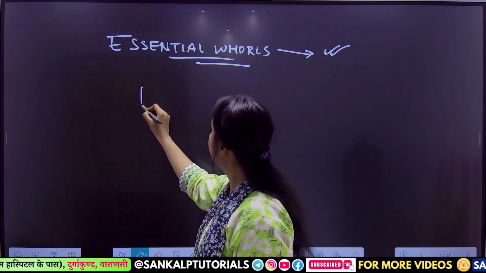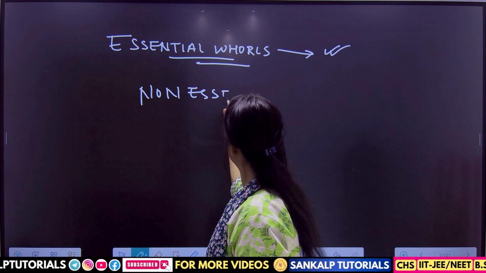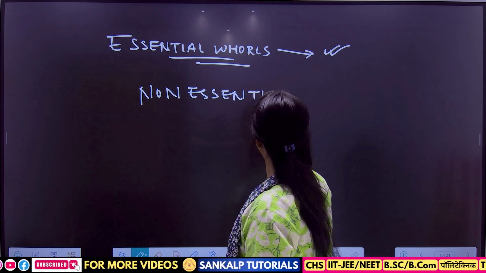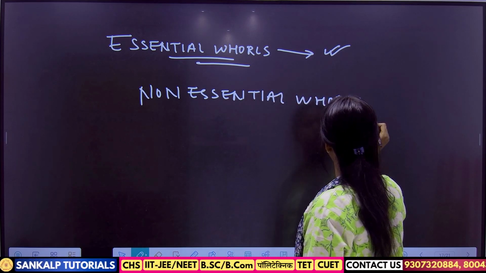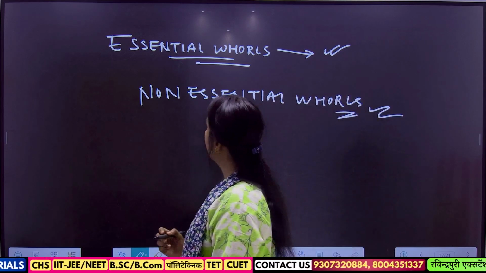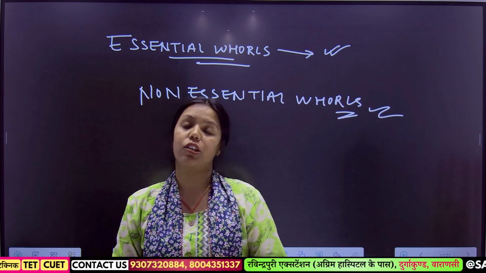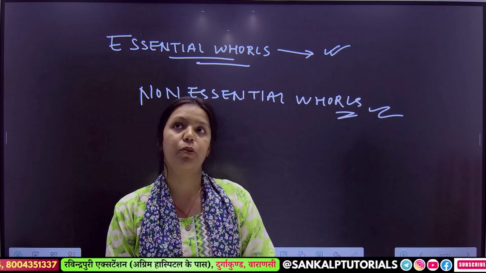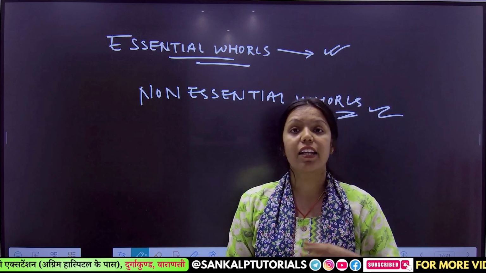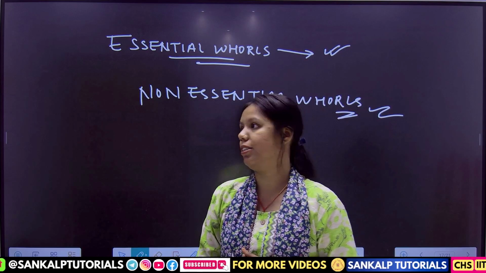While non-essential whorls are those which do not directly participate in sexual reproduction, but play a role in it, like attracting insects or birds to perform pollination in flowering plants.